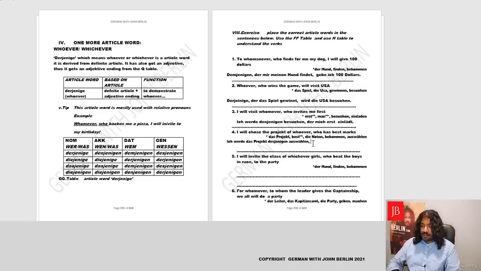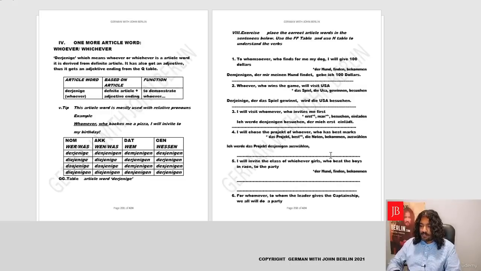I'll choose the project of whoever has the best marks. So who is again a relative pronoun. It's just like der. Der die besten Noten hat. Or Note is feminine here. It's die beste Note hat. Okay. Ich werde das Projekt desjenigen auswählen, der die beste Note hat.